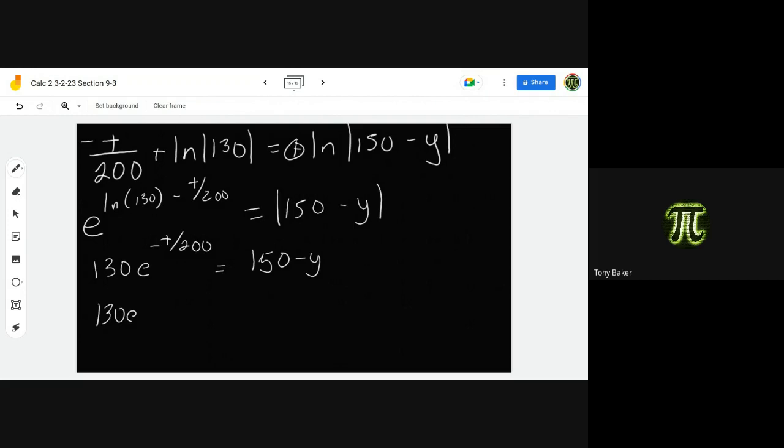So I have 130 e to the negative T over 200 minus 150 equals negative y. And I change all my signs, so I have something that equals a positive y: y equals 150 minus 130 e to the negative T over 200.